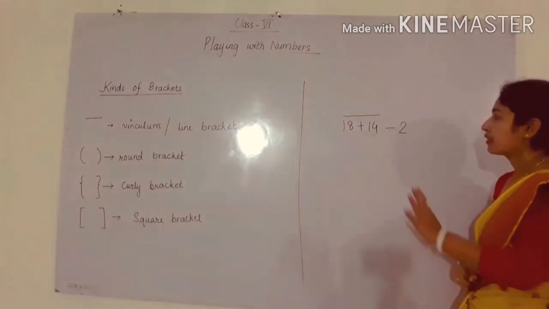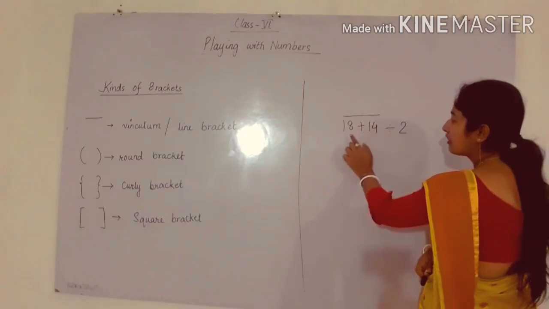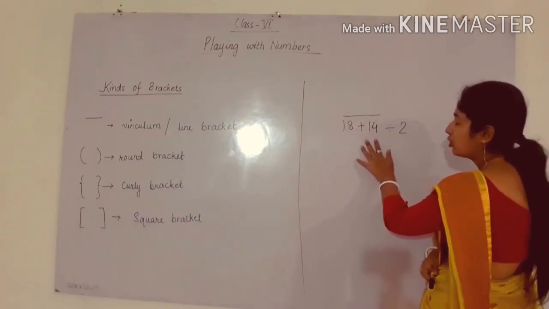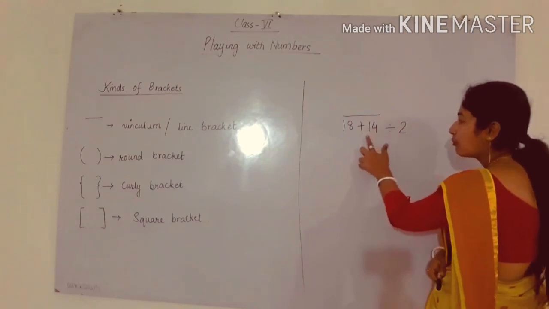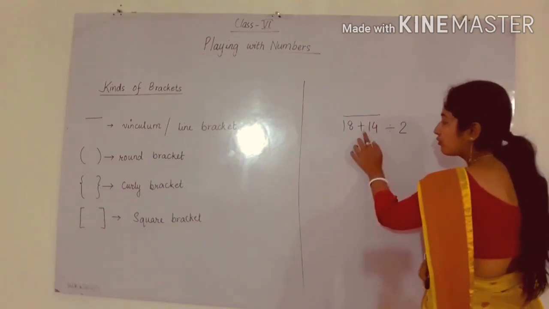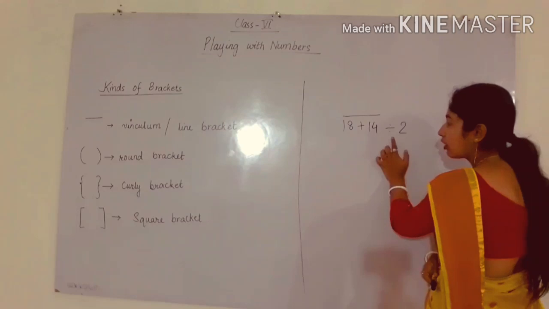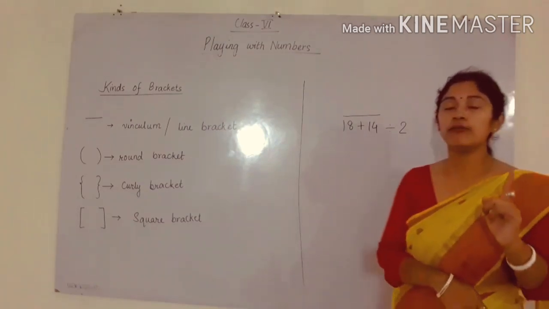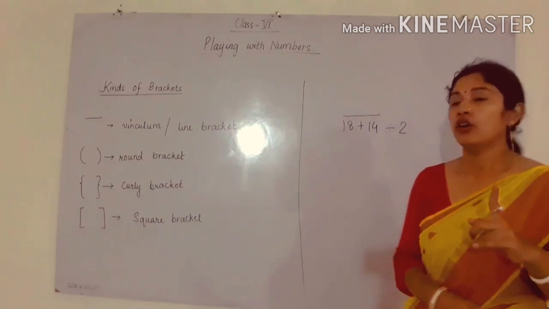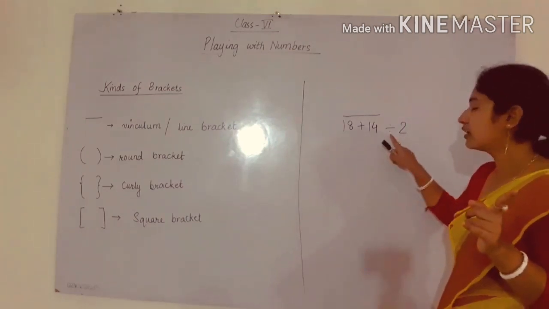See here, thin column is written above 18 plus 14. What is the meaning of this? What operations are given? First operation is addition, second operation is division. According to the order of operations, you know you have to go to division first.